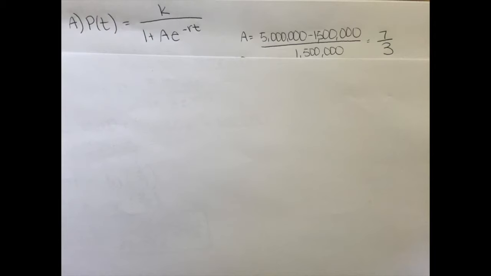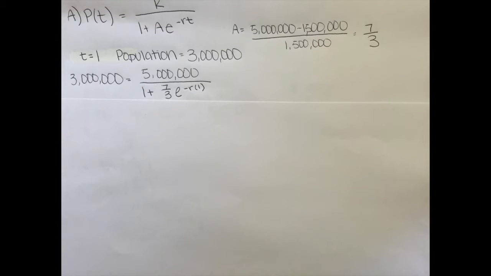A is equal to the carrying capacity minus the initial population over the initial population. So we plug in 5 million minus 1.5 million over 1.5 million. Notice how we are using the population 1 year ago as our initial population. So the current population at 3 million is at t equals 1.